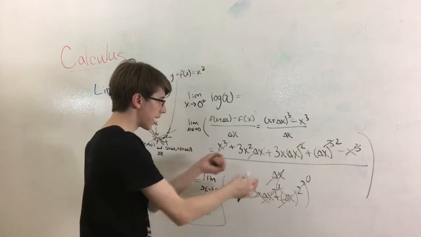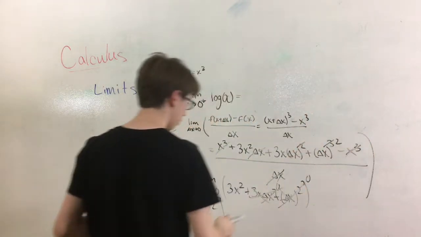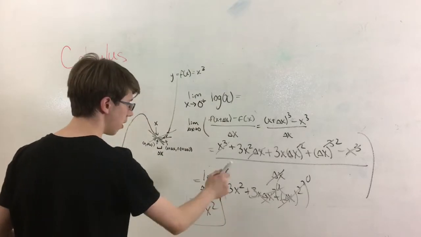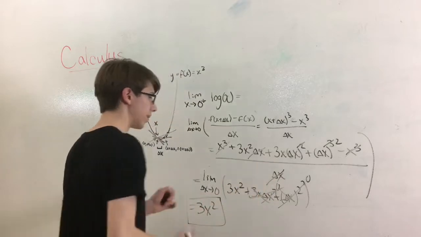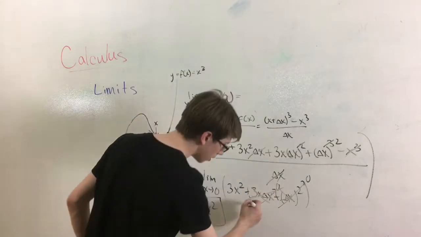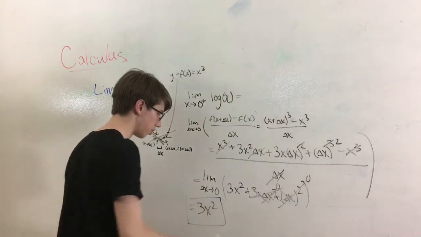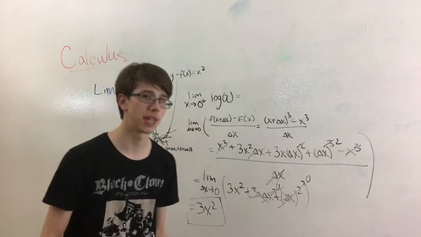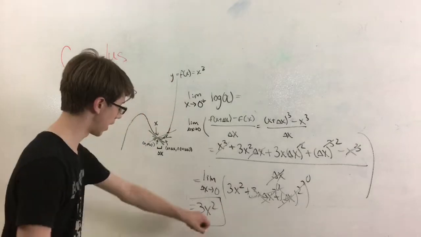We see that delta x is in all these terms that are left over. We cancel it out, and we're left with the limit as delta x approaches 0 of 3x squared plus 3x delta x plus delta x squared. Well, we know that delta x is approaching 0, so this whole term is going to become 0, this whole term is going to become 0, and we're left with just 3x squared. There's no delta x here, so as delta x approaches 0, 3x squared is just approaching itself, 3x squared.